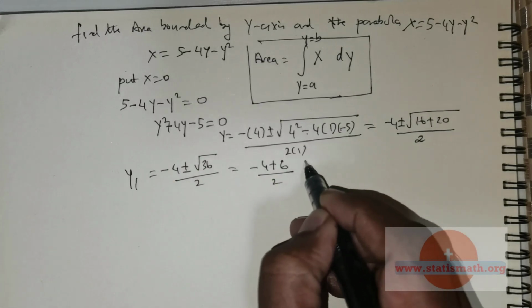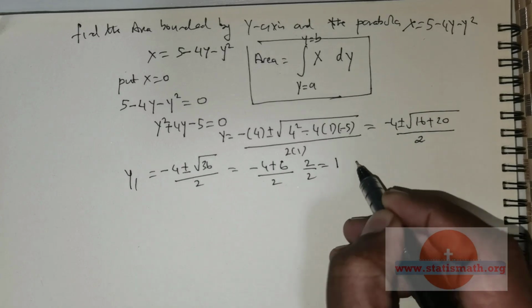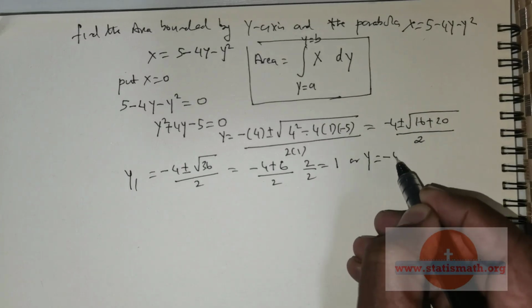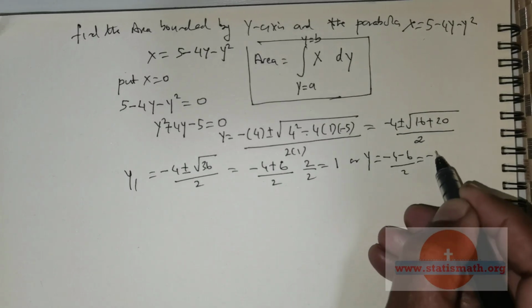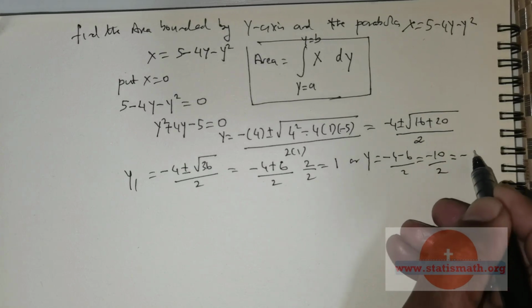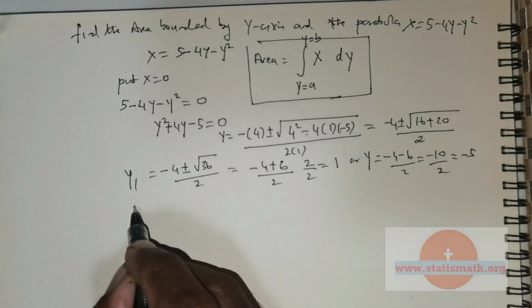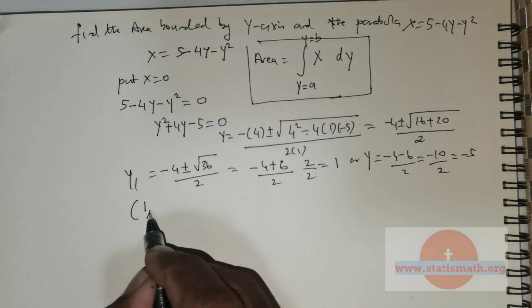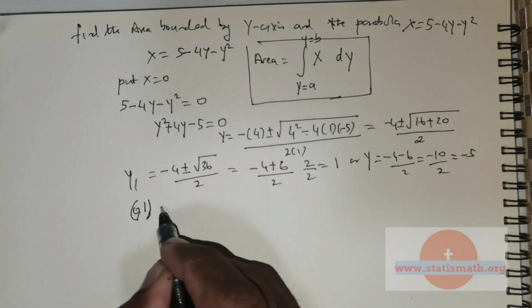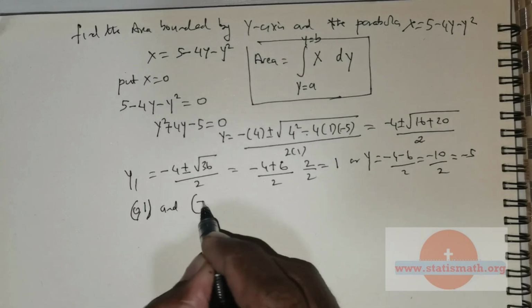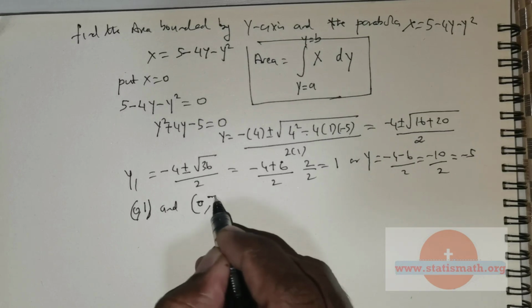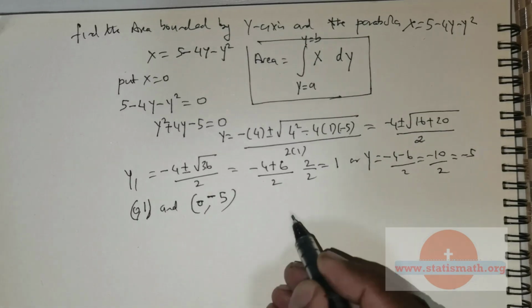So the roots are: y = 2 divided by 2, which is 1, or y = -4 - 6 divided by 2, which is -10 divided by 2, which is -5. So you got 2 points of intersection. One is (0, 1) and the other is (0, -5).